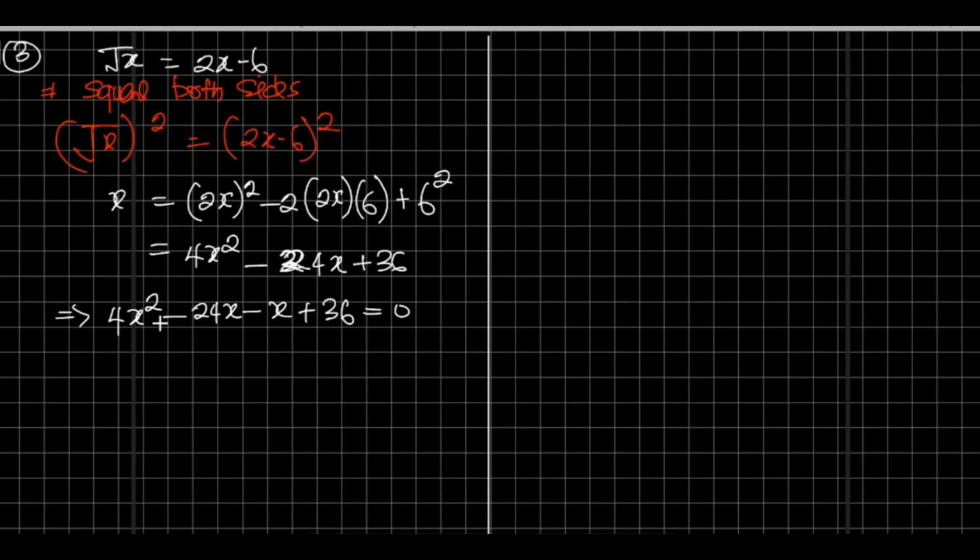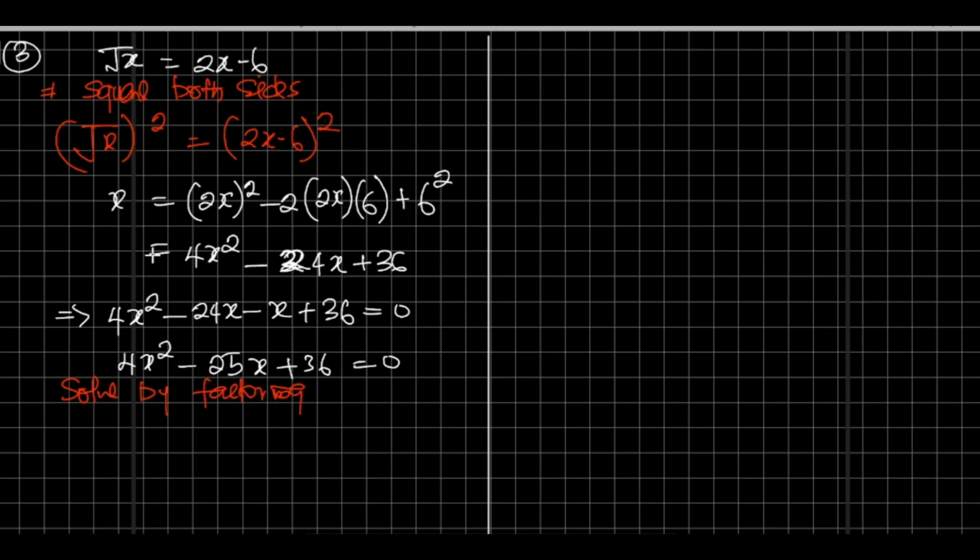So minus 24 minus 1, so that will be 4x squared minus 25x plus 36 equals 0. So we can solve this equation by factorization method. This is a quadratic equation. So solve by factoring.